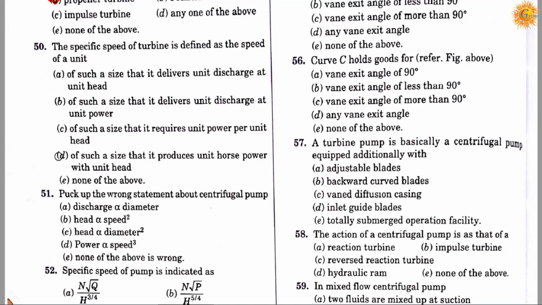Correct answer is D. The specific speed of a turbine is defined as the speed of a unit of such a size that it produces unit horsepower with unit head.